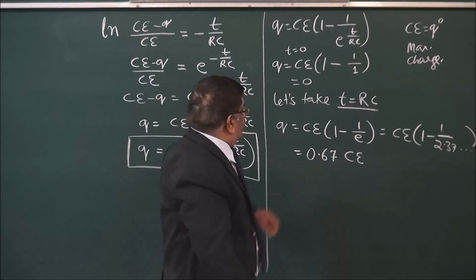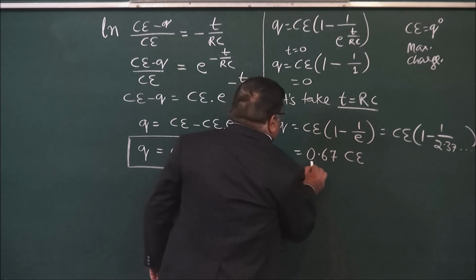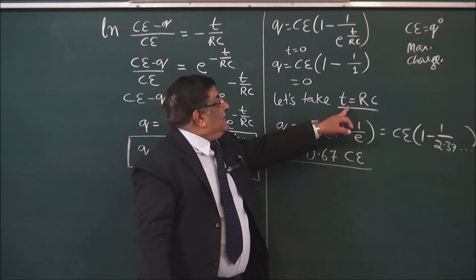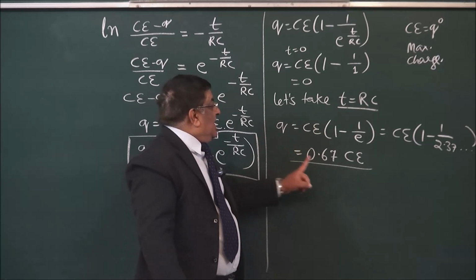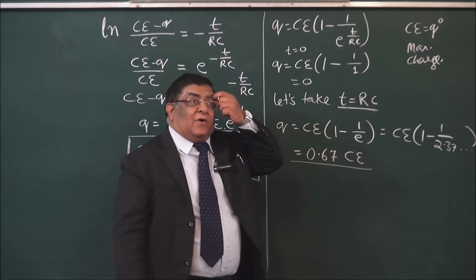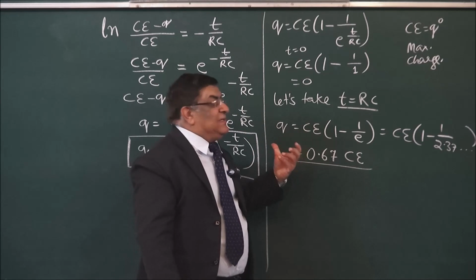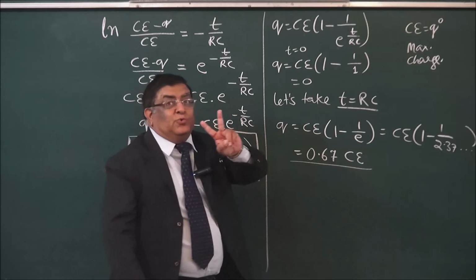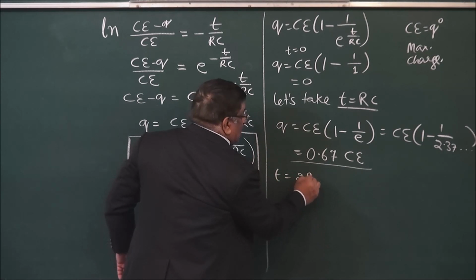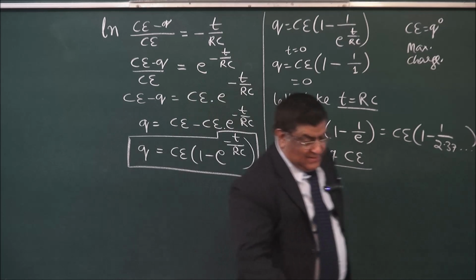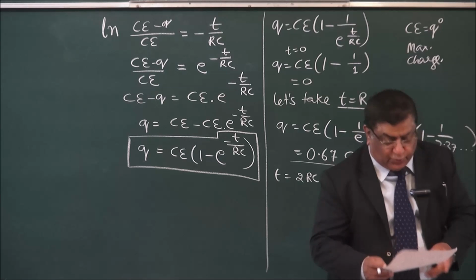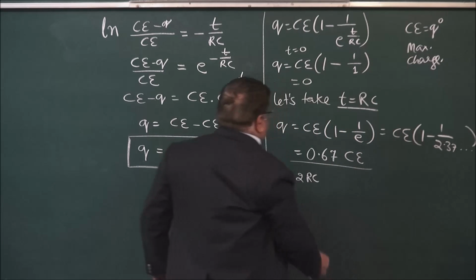Now this is a very important figure: when time is equal to RC, the charge reaches 0.67 CE. Now again, if we take time t equal to 2 RC, I have solved it, it will come to 0.86.